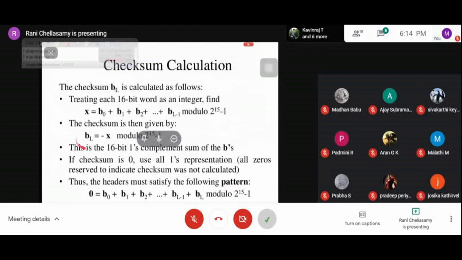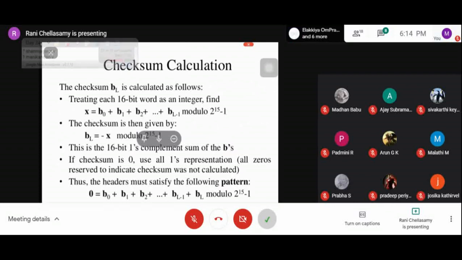BL is the checksum, that is minus S modulo 2 power 15 minus 1. Since checksum is a 16-bit field, this is the 16-bit ones complement of the sum of these. As we have discussed in the earlier class, this is how the checksum is calculated.